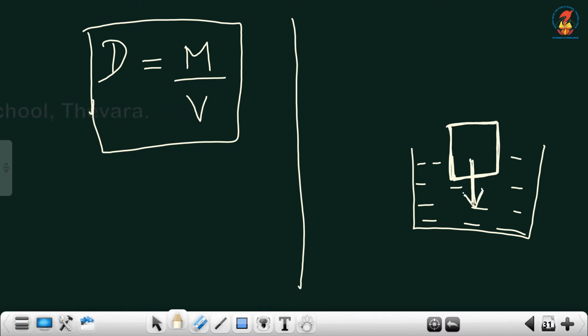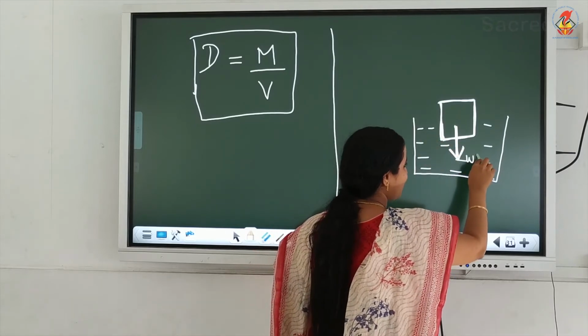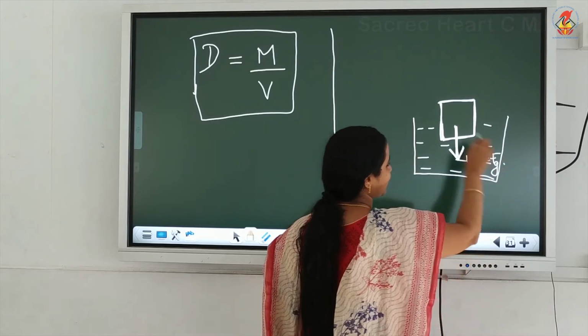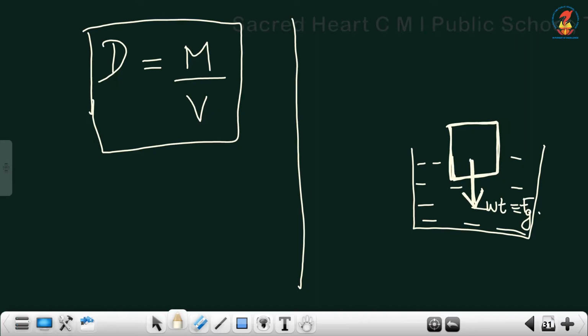The weight of the object will be equal to the gravitational force, as we have learned in the previous session.